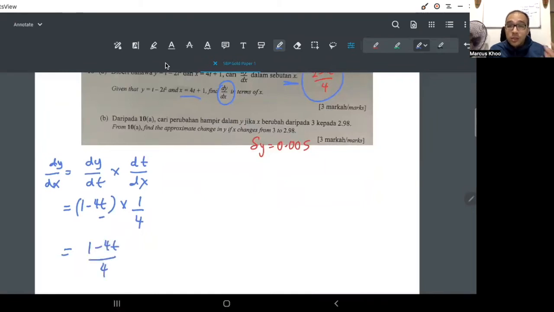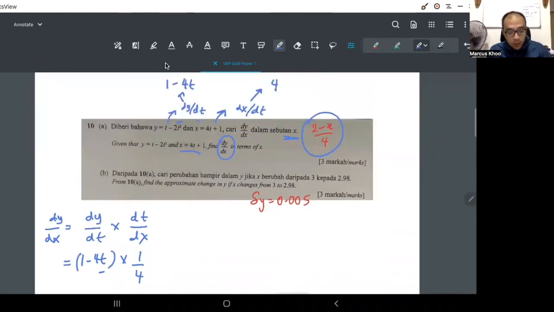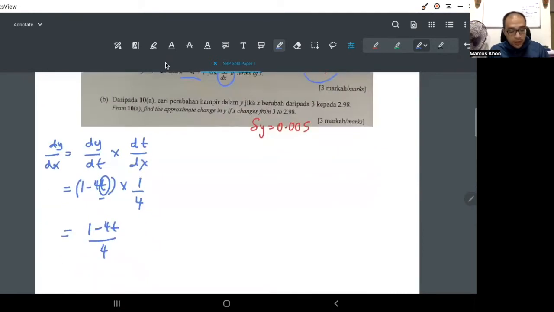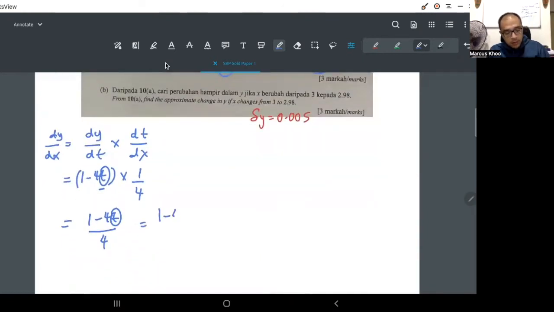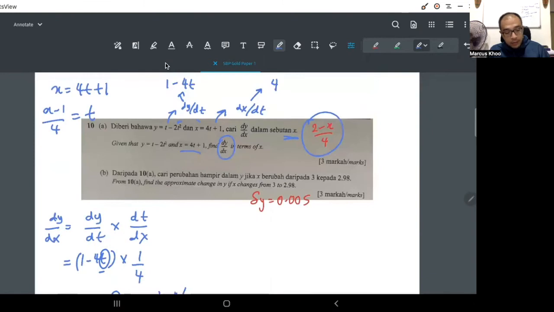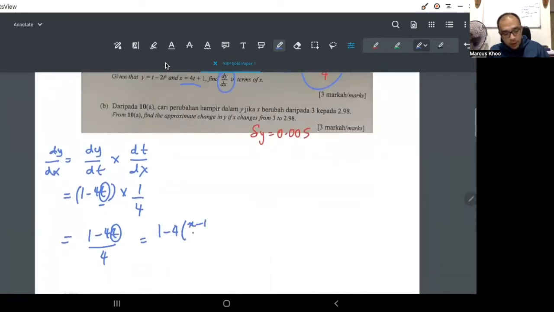But the question was in terms of x. Now we know that x equals 4t plus 1. If I shift across, x minus 1 over 4 equals t. So I can substitute the t inside here. So 1 minus 4 times x minus 1 over 4, over 4.